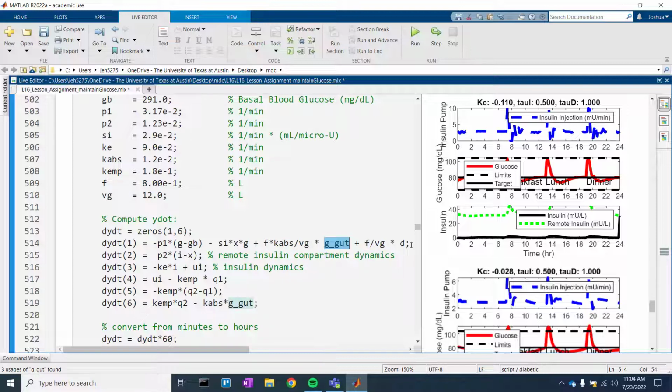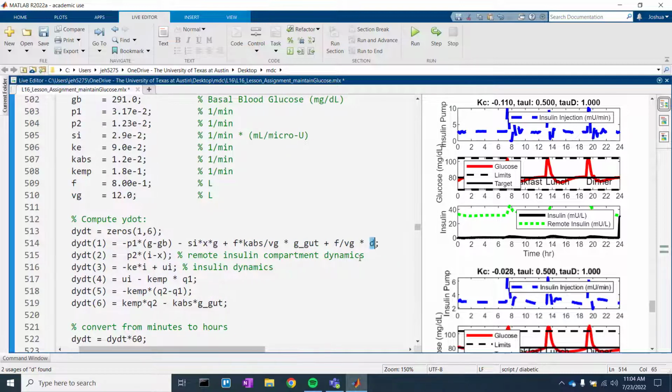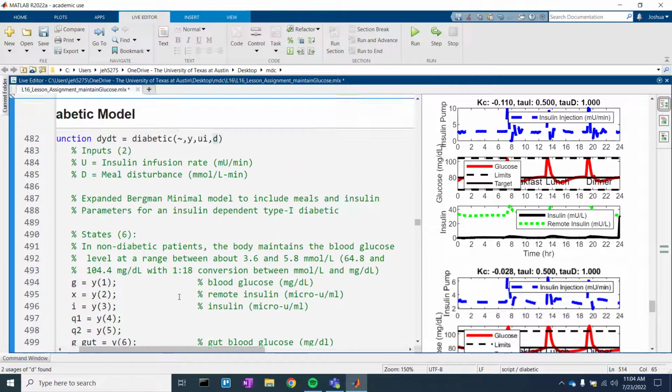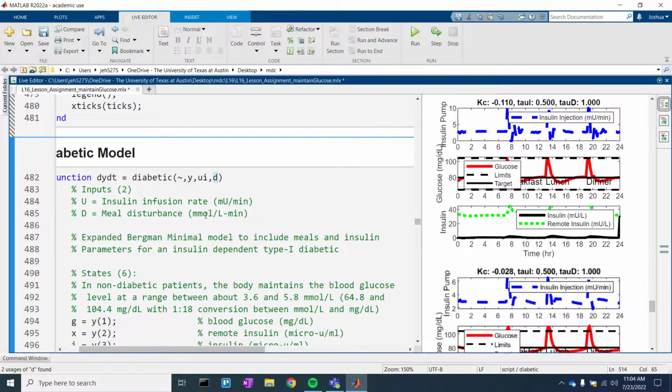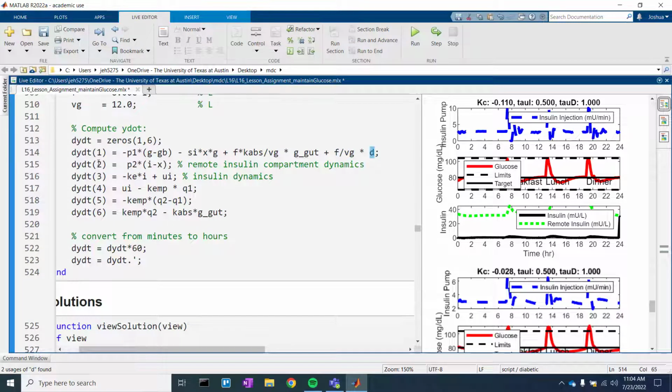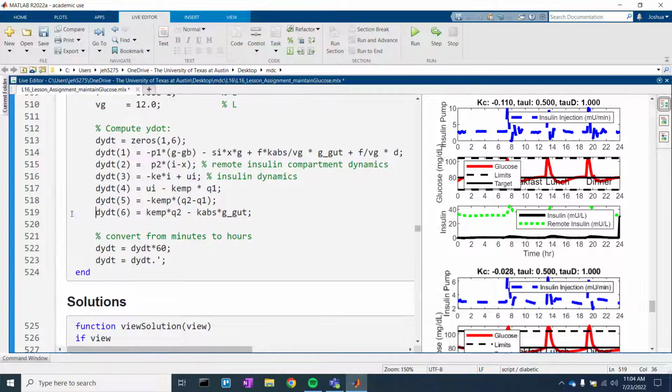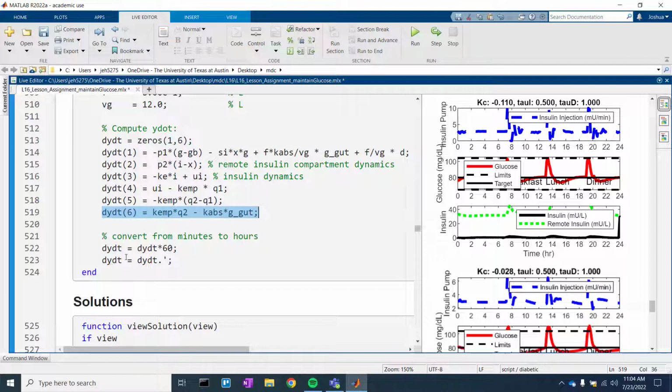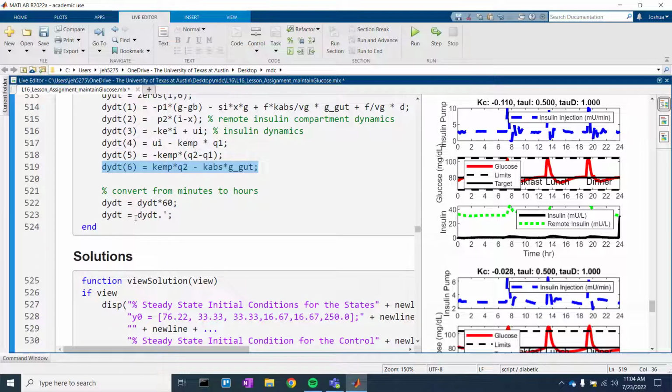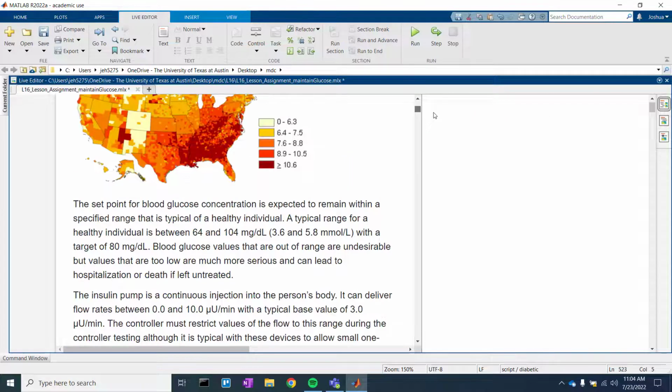Gut glucose, and we have this, which corresponds to D. If we come all the way up, you'll see that D is our meal disturbance. We'll have similar equations for our remote insulin, our insulin, and then this Q1 and Q2 rate of change, which will affect finally our gut blood glucose. We'll make sure this is a column vector, and then we'll return that column vector so it can work with ODE45 and other integration functions.